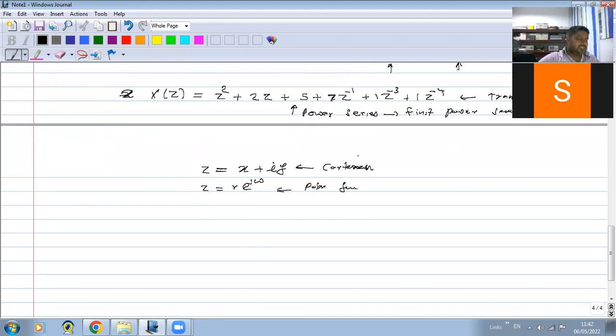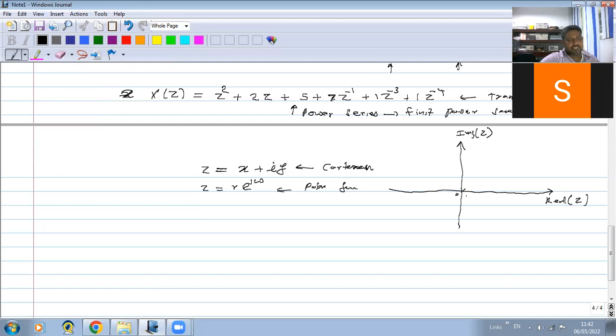You know that a complex number has imaginary and real parts. So this is the imaginary of z, and this is the real of z. This z can be any value here.